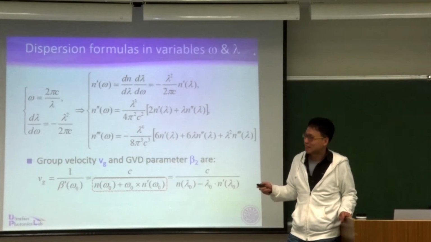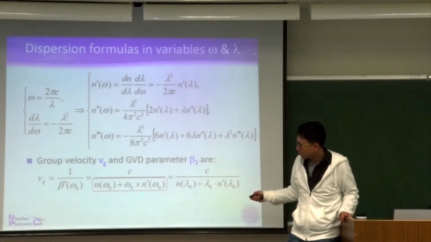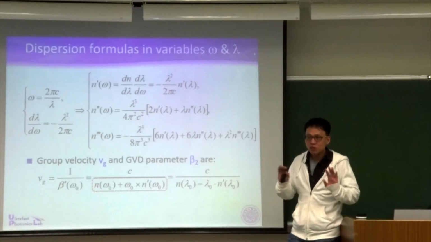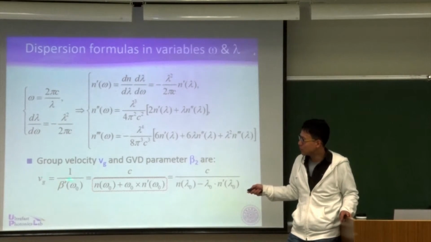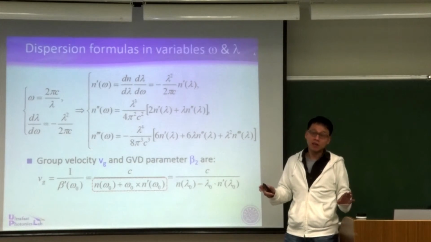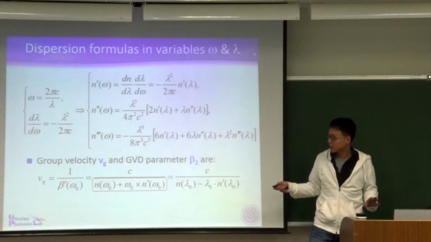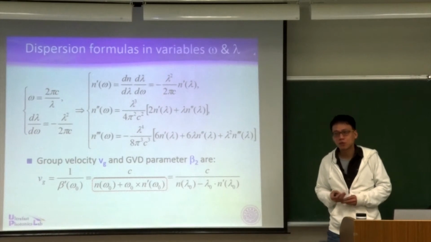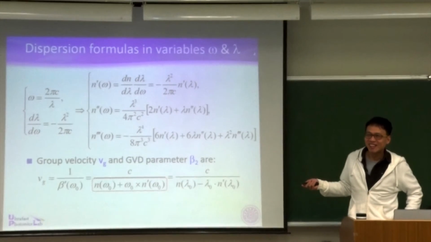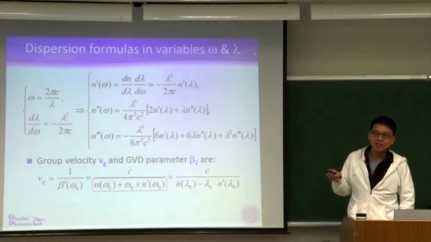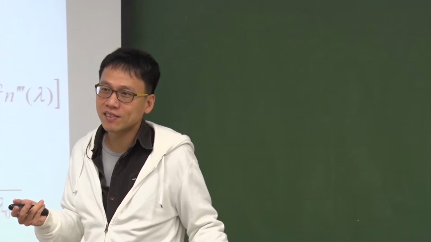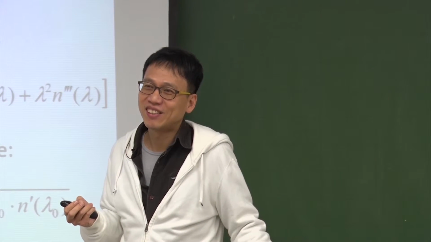What is the physical unit of the denominator? No unit, right? Because Vg and c are both velocities. So this is a quantity without any physical units. So what is that? Yes, equivalent index, or usually the group index, n sub g, right?